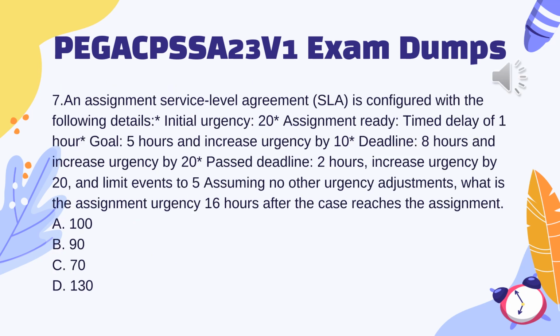7. An Assignment Service Level Agreement (SLA) is configured with the following details: initial urgency, 20; assignment ready, time delay of 1 hour; goal, 5 hours and increase urgency by 10; deadline, 8 hours and increase urgency by 20; past deadline, 2 hours, increase urgency by 20, and limit events to 5.